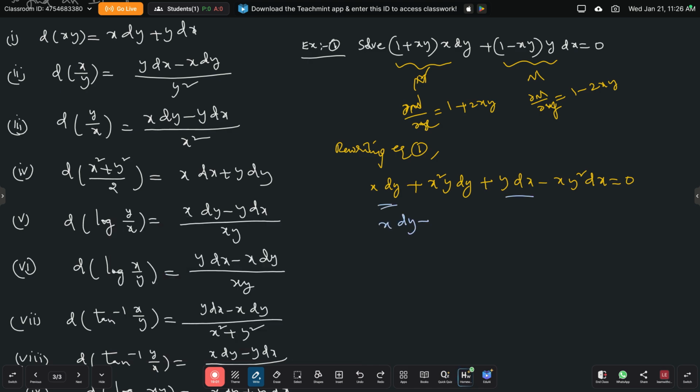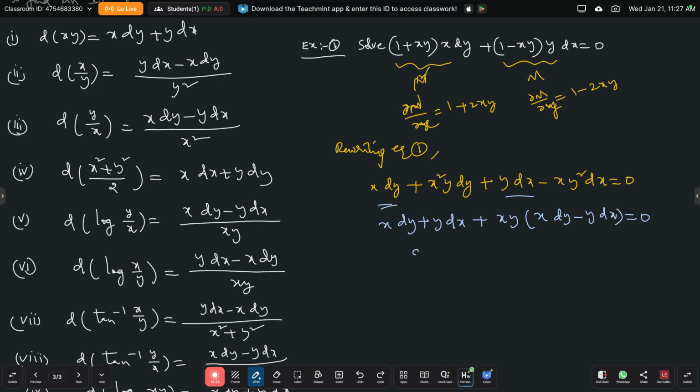Next, the other two terms are here, x square y dy minus x y square dx, and from this I can take out xy common. xy if I take common, we have x dy minus y dx is equal to 0. This is the way that this was written. Maybe there are several other methods to solve the same differential equation. We are going with this integrating factors finding by inspection.